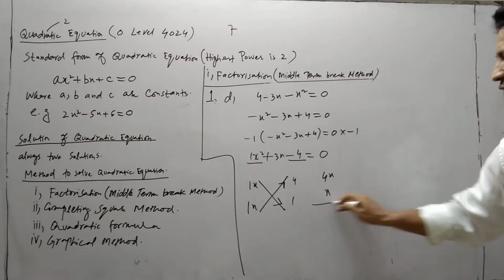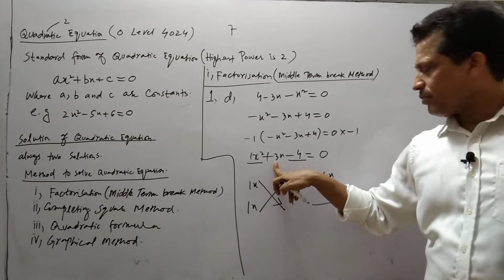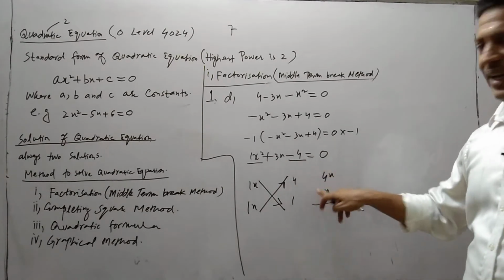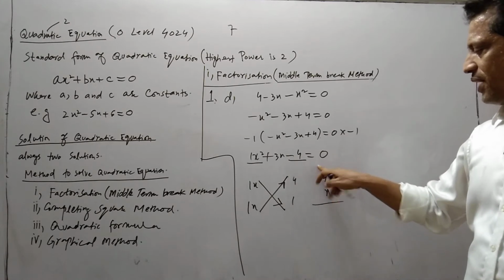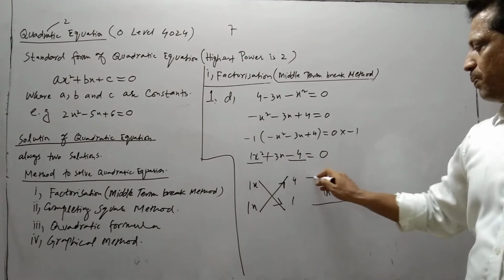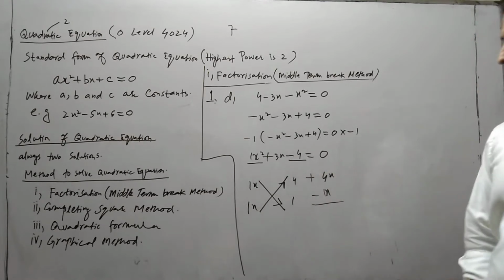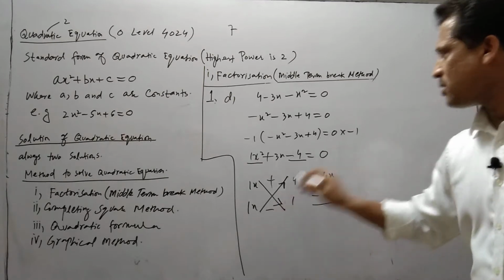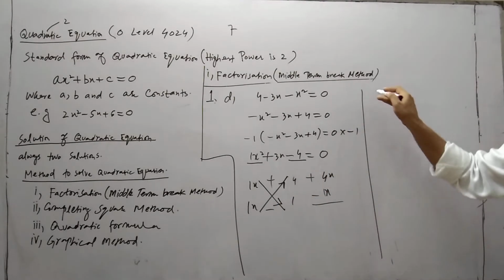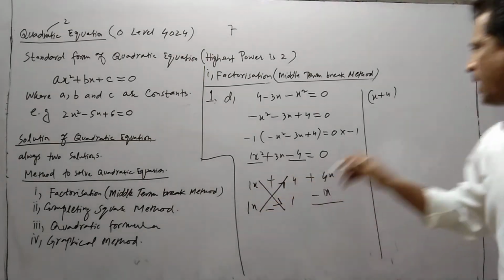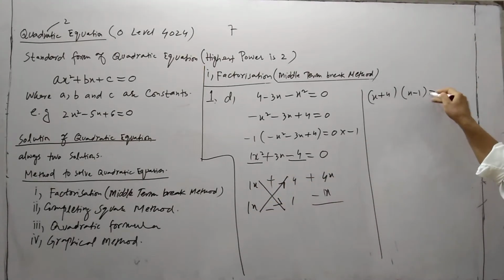So what do we need? We need 3 in the middle. So how do we get 3? Just 4x minus x. If we subtract 4x minus 1x, we get 3x. So put a plus sign over here, a minus sign over here. If this one is plus, this one is also plus, and this one is minus, this one is also minus. So your answer is x plus 4 and x minus 1 is equal to 0.